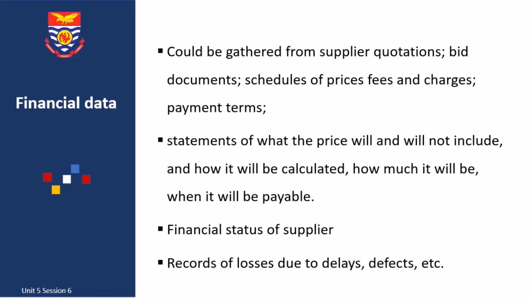They include statements of what the price will and will not include, as well as how much it will be and how it will be calculated and when it is payable.